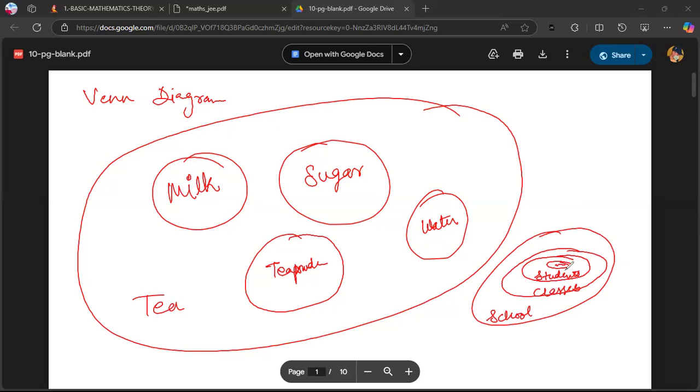But students do not contain classes, and students do not contain the school. So students are only a small part of the school. There are classes also, teachers also, other things also. So it's a Venn diagram in which we understand what part is in what.